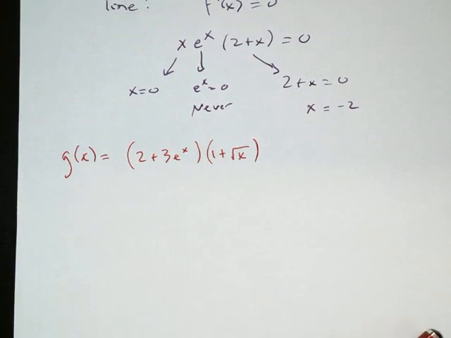Let's suppose I want the derivative of this thing. Should I multiply it out to try and avoid doing the product rule?